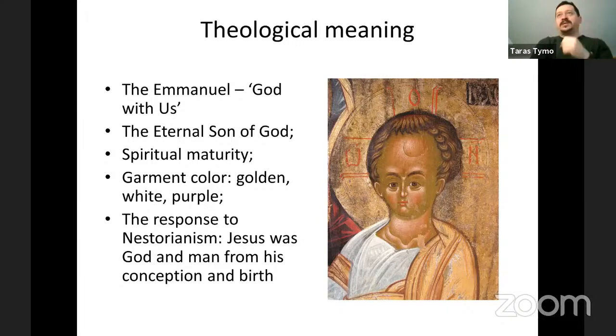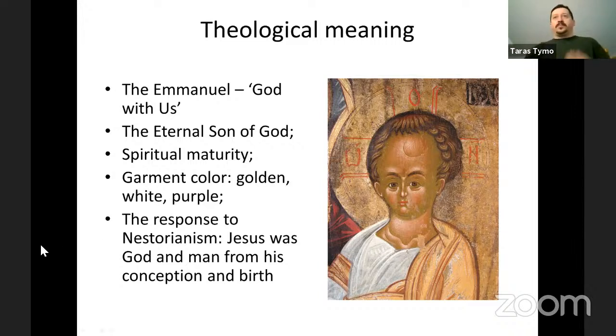And to oppose this heresy, early Christian theologians wrote many treatises, but they also purposefully designed Christian iconography in a way to emphasize this permanent presence of divinity in Jesus, even at his birth, at his conception, as a matter of fact, as we will see later, at his birth, in his early years, and so on.